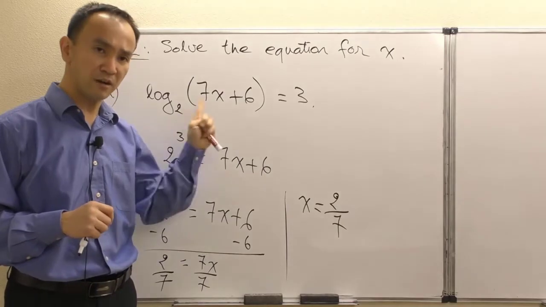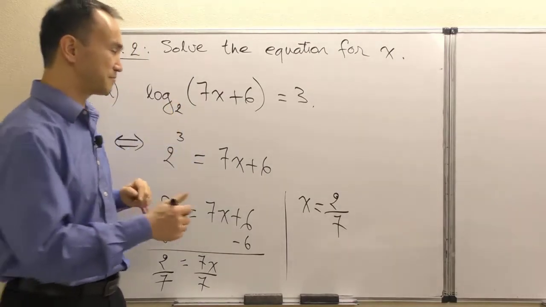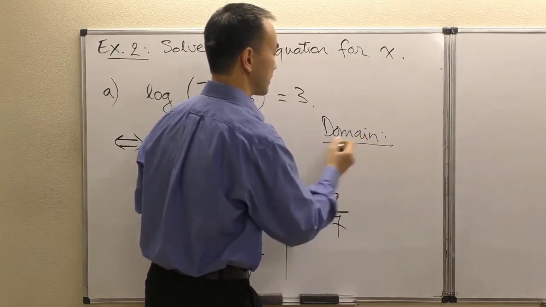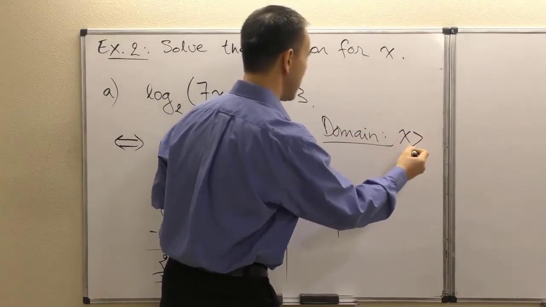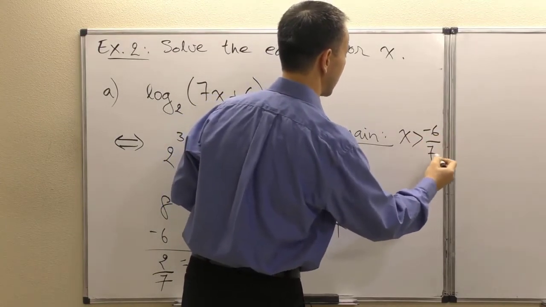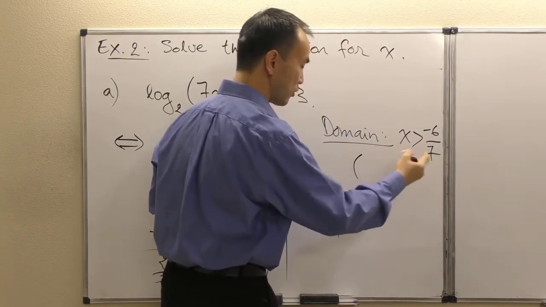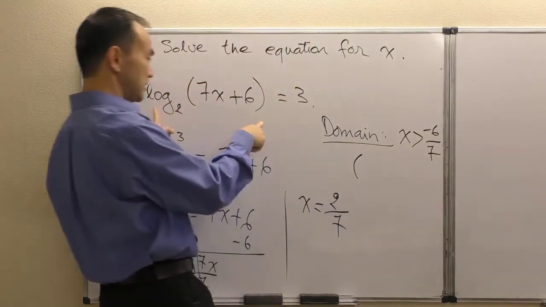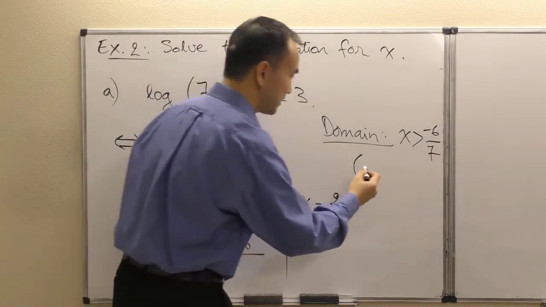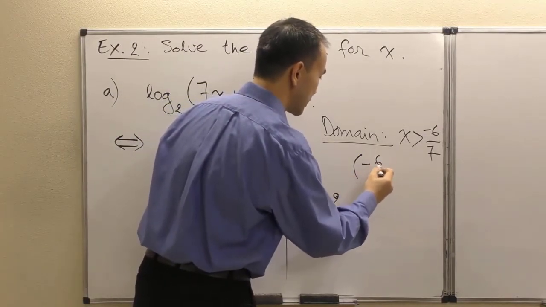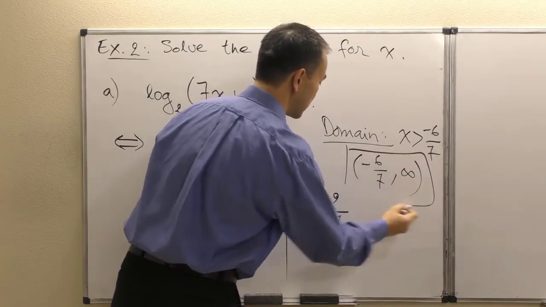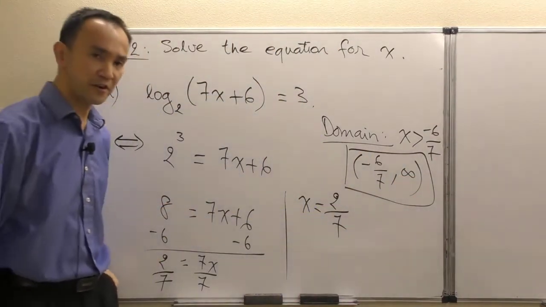But here, the domain has to be any value of x greater than negative 6 over 7. In interval notation, the domain of log base 2 of 7x plus 6 is from negative 6 over 7 to positive infinity. That's the domain for this logarithm function.